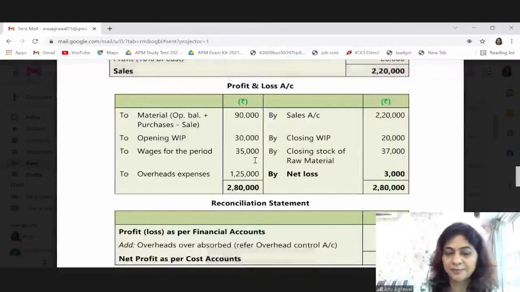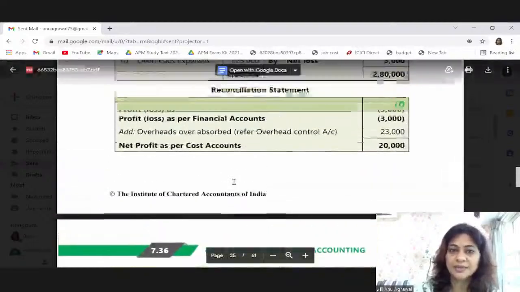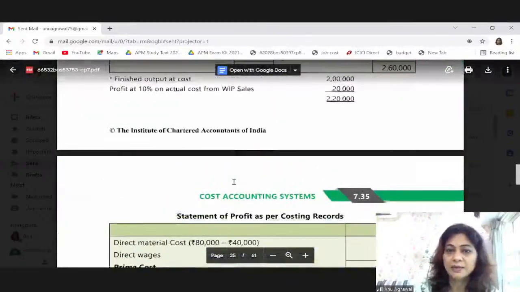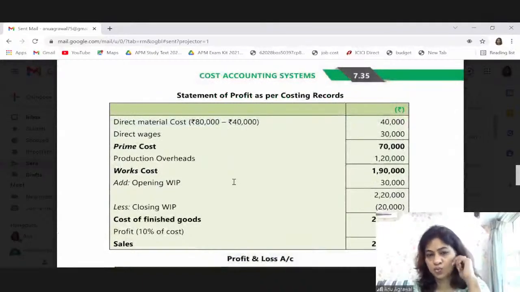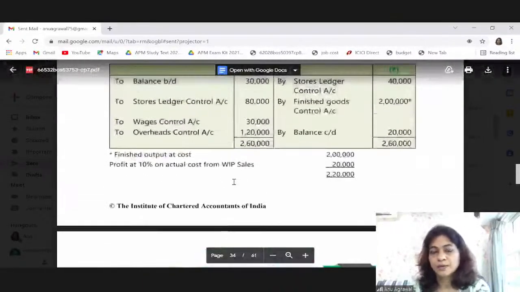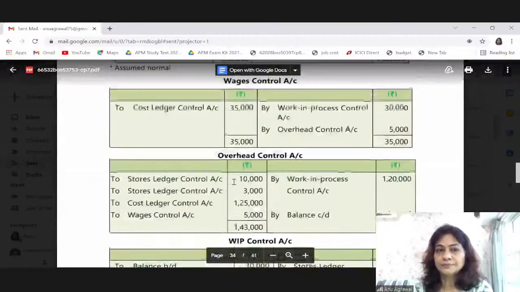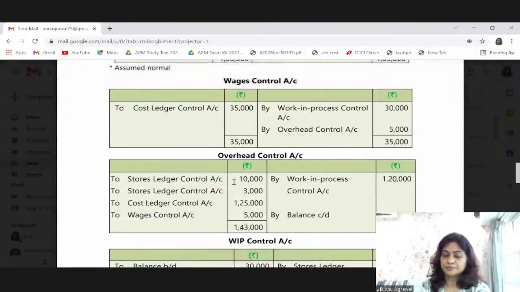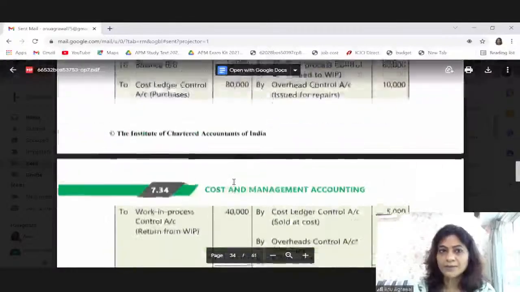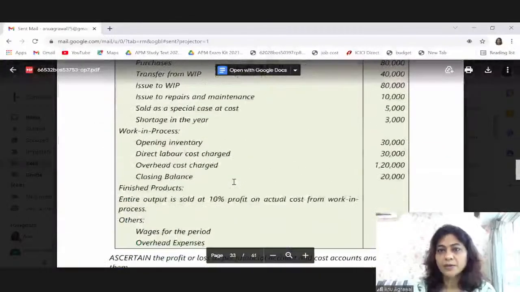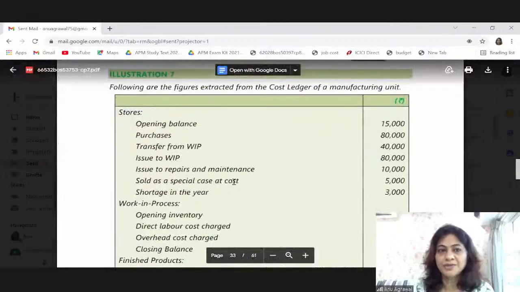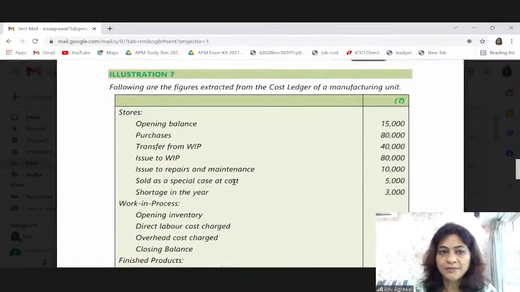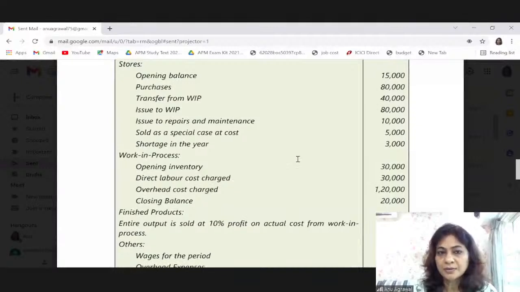Wages, direct or indirect, we have put in directly. Overhead expenses, we have put in directly. From where did this figure of 90,000 come into existence? Do we have this figure here in the question?